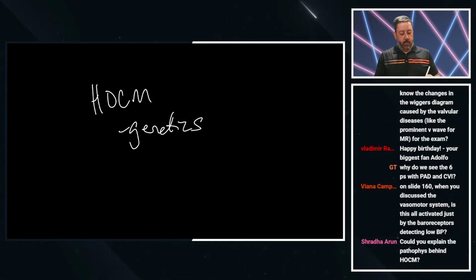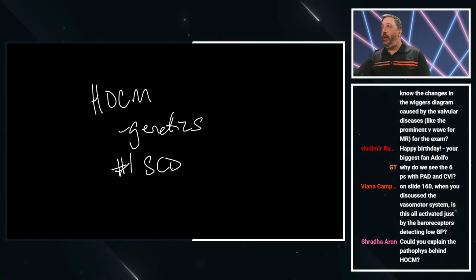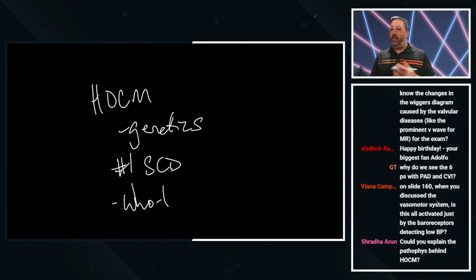It's the number one cause of sudden cardiac death in young kids. Other things to know, because it's a genetic abnormality, the sarcomeres don't line up properly. You see a whorl pattern on histology looking at that type of muscle.